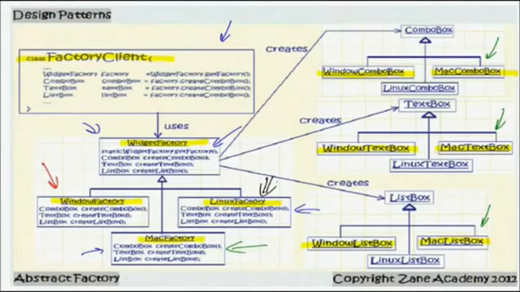Okay. And essentially we also have these guys. So the combo box here that all these classes extend from, or the text box or the list box. We could implement this as a marker interface if we want to just mark these guys as being combo boxes or as being text boxes or list boxes.